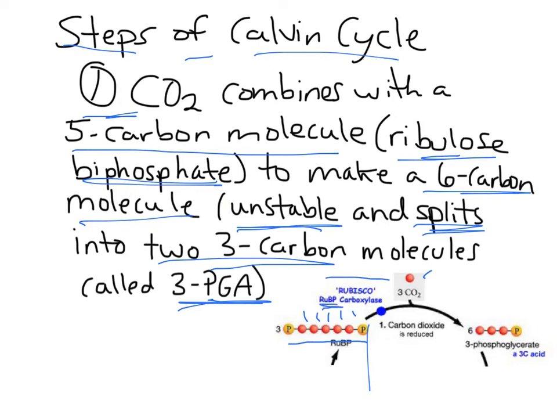What helps to do this is an enzyme called Rubisco, which is RuBP carboxylase. And what will happen is it'll go to this unstable molecule that's 6 carbons. And instantly then it's going to break down into the 3-carbon molecule, 1, 2, 3, that we know as PGA.